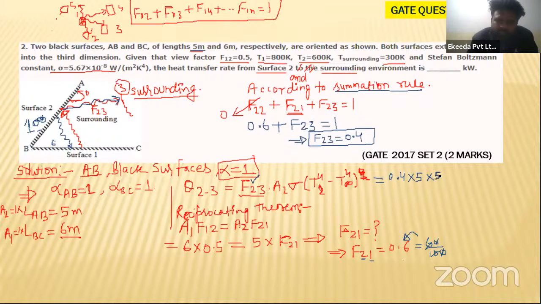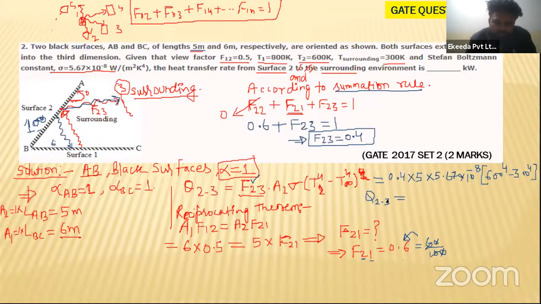The value of sigma is 5.67 into 10 to the power minus 8, and the surface temperature T2 is 600 Kelvin, my dear students. So you can directly take 600 Kelvin to the power 4 minus the surrounding temperature, 300 Kelvin to the power 4, and you can easily calculate the heat exchange between surface 2 and the surrounding.